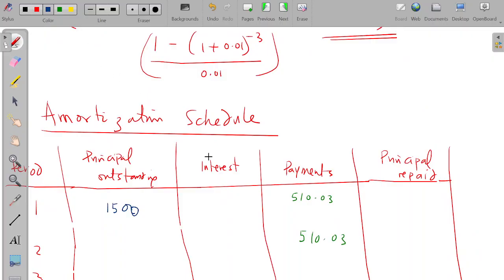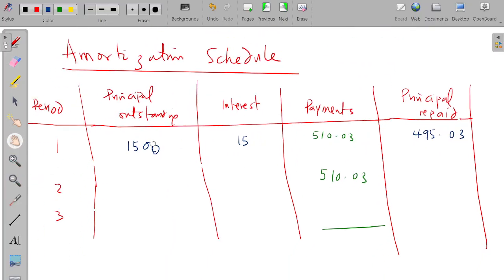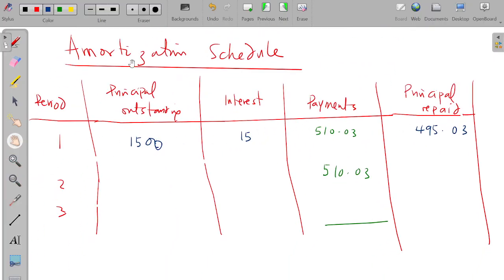We are going to be getting 15 if we multiply 1,500 times 0.01. Now the principal repaid will be the payment minus 15, and that will give us 495.03. That is for the first period.